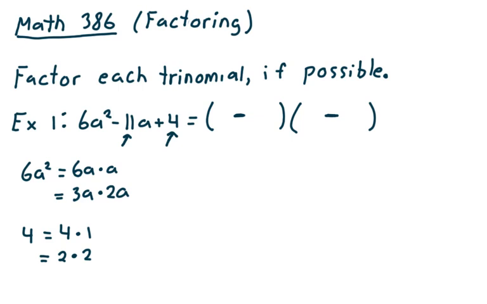Now, what I'm going to do is start with 3a and 2a. So I'm going to put 3a in the first slot here and 2a in the second slot here. And remember, we're trying to figure out a combination so that when I smile, right, I'm going to get negative 11a back.